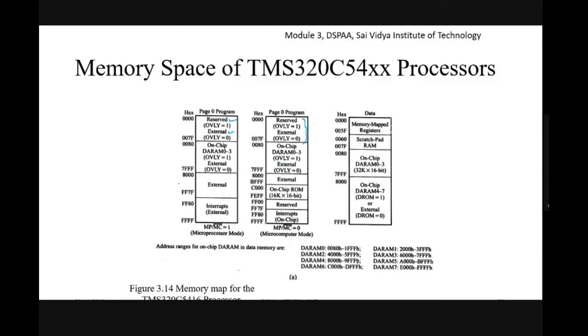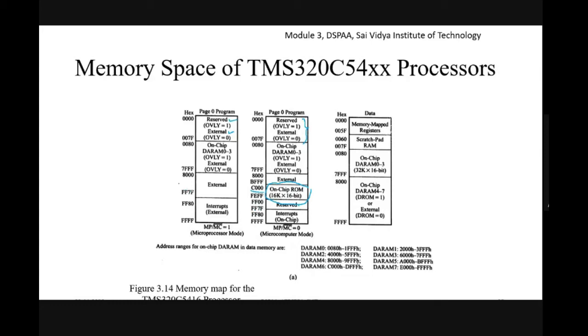But in the external part of the memory space, 8000 to BFFF is external, while C000 to FEFF is on-chip ROM. This is extra in the case of microcomputer mode for program page 0. Again we have reserved bits here from FF00 to FF7F.